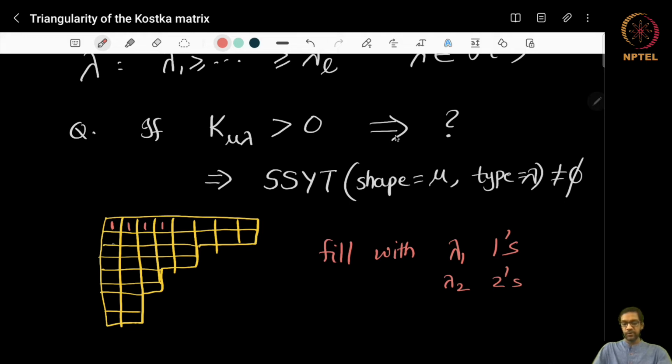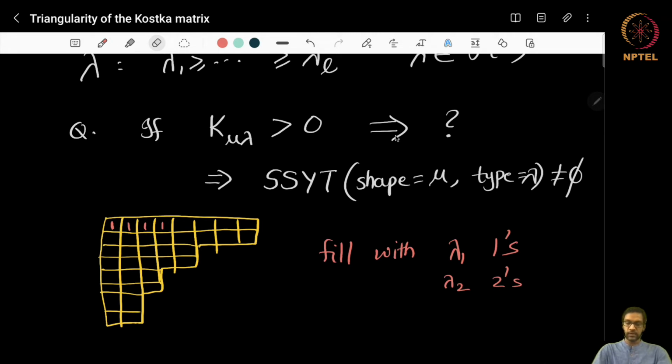Why? Because if a one occurred in some other row, then the entry on top of it, along that particular column, would have to be strictly smaller, and that wouldn't be possible. So all the ones are in the first row.